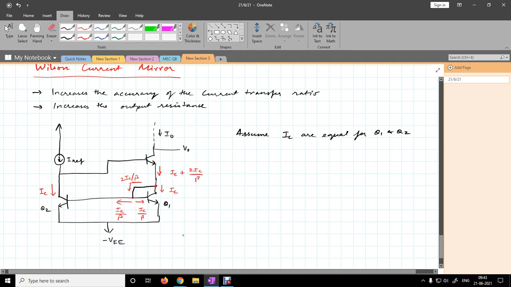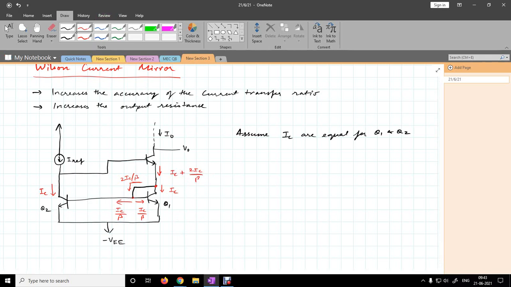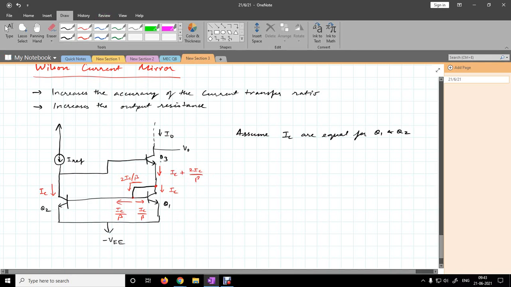This is Q3. So if the emitter current of Q3 is IC into 1 plus 2 by beta, then the base current will be IC plus 2IC by beta divided by 1 plus beta. So that is your base current of Q3.